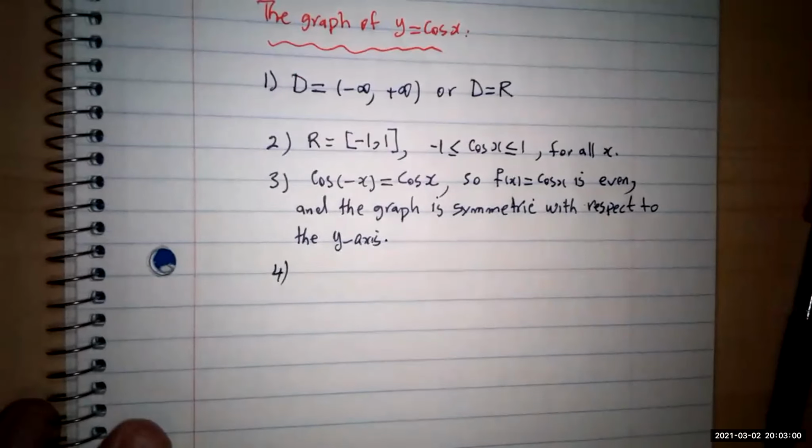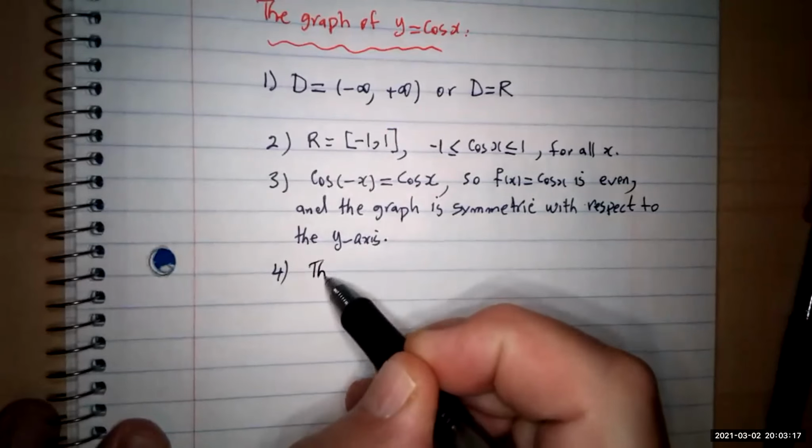And part 4, if you let cosine x equal to 0, you know that 0 is the cosine of pi half, 3 pi half, etc. So those numbers are going to be the x-intercepts.